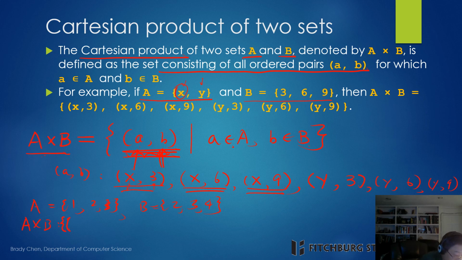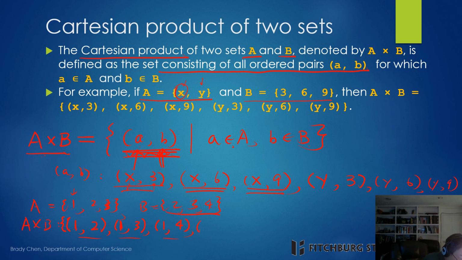So the best way to do this is to define the elements using the curly brace. So the first element, we can actually put the first element in A first, okay, and then the first element in B, which is 2. And then we still keep the first element in A, but we change, and we continue to do that. Now, here's the first element, 1, which pairs with all the elements in B, which we have 3 cases, right?